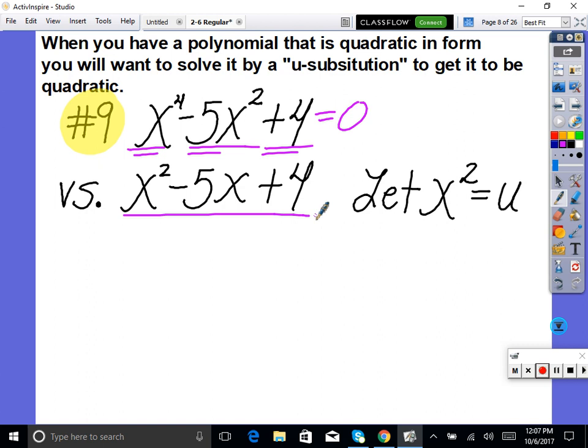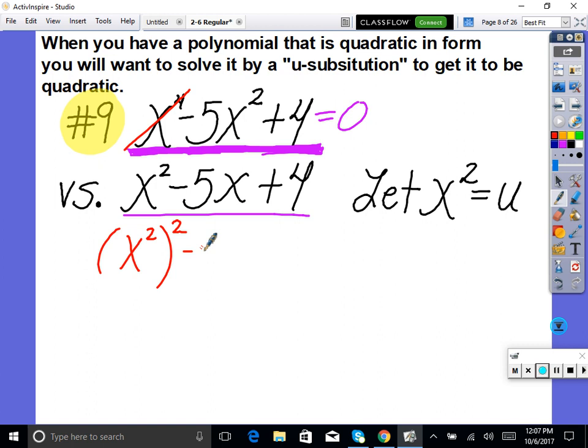So what we do is we rewrite this in a different way so that we can more easily see how to factor it. And we do this by what I call a U substitution. So let me show you something. Notice I said we're going to have x squared equal u. I'm making a substitution here. Now I want you to notice that x to the 4th, I can rewrite as x squared, squared, can't I?